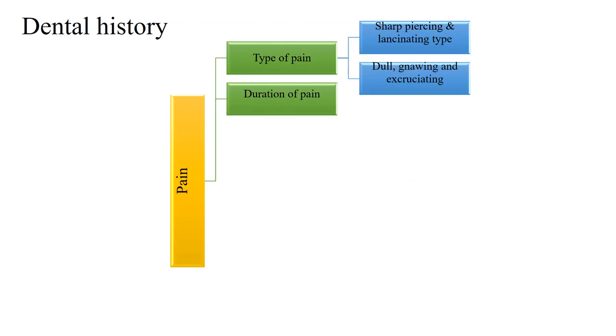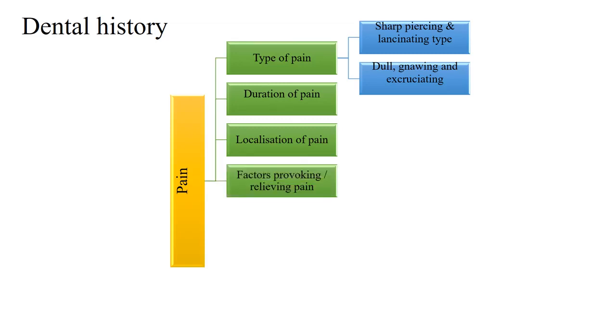However, if the pain is very severe and it has been there for a very long time, it can indicate the irreversible condition of the pulp. In cases of chronic pain, the pain is not very well localized. Whereas in case of acute pain, patient will be able to point out to the particular tooth which is causing pain.